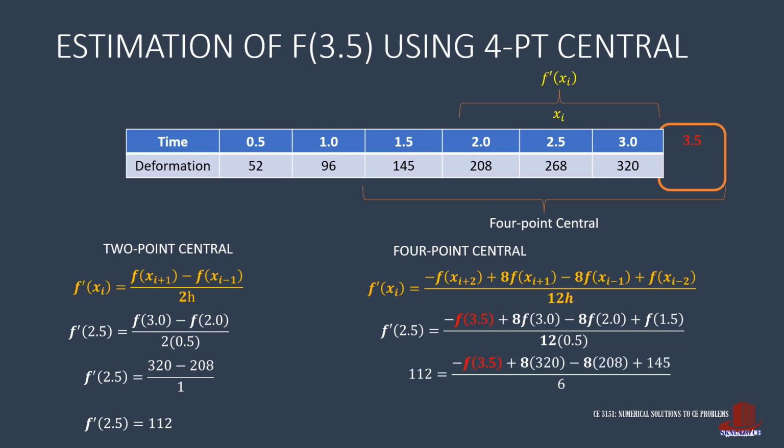Plug the dataset values and come up with 112 as equated to negative f of 3.5 plus 8 times of 320 minus 8 times of 208 plus 145 all upon 6. F of 3.5 comes as 369.